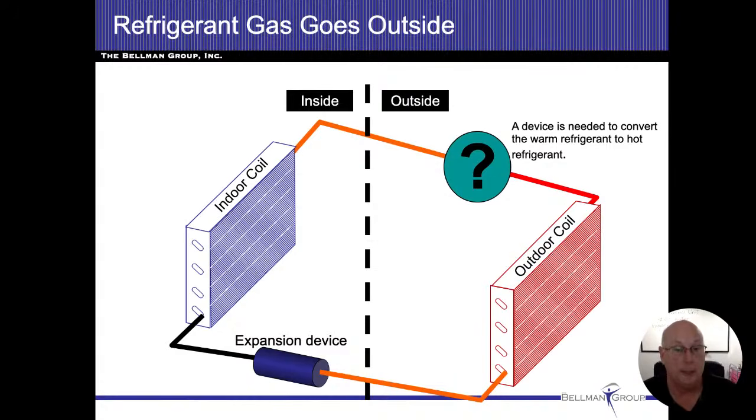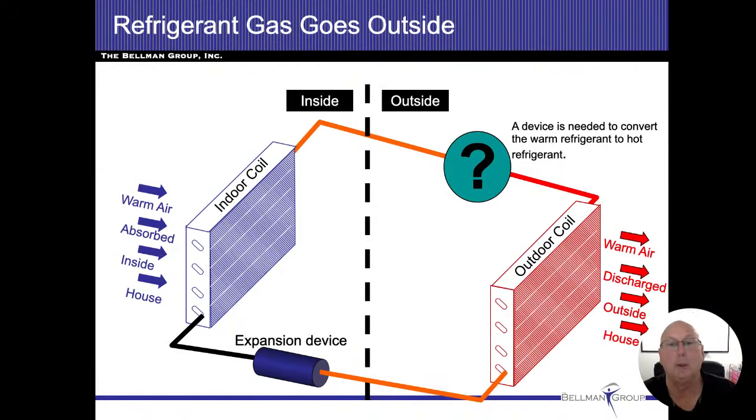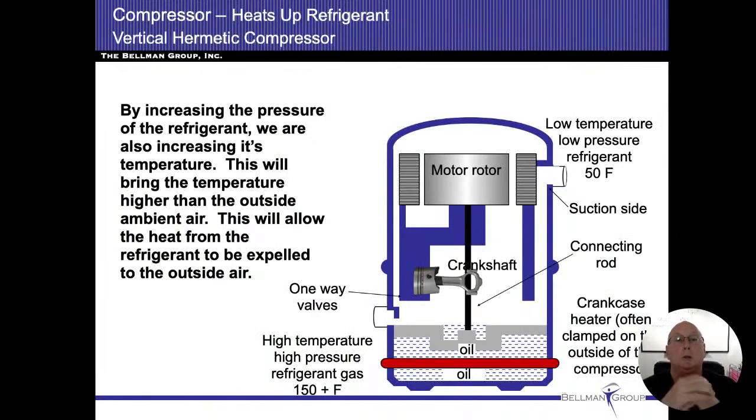We mentioned earlier in our science stuff that when we increase the pressure, we're also increasing the temperature. So this is just an old piston-shaped pump. Right now we use scroll compressors.